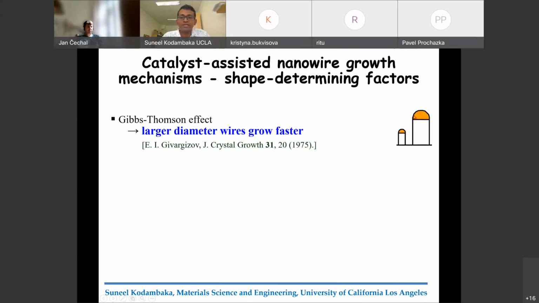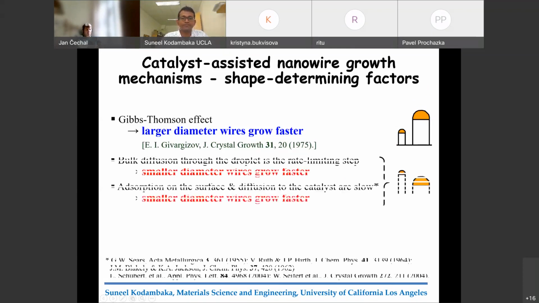And that is because the larger the diameter, the smaller the curvature, which means there is lower vapor pressure associated with the larger droplet compared to the incoming flux. And so the concentration gradient is higher here. And that's why the larger diameter nanowire grows faster than a smaller diameter nanowire.